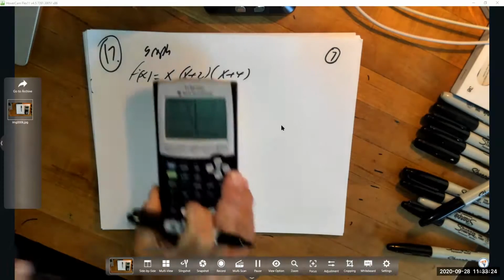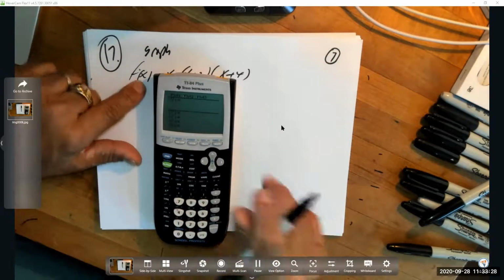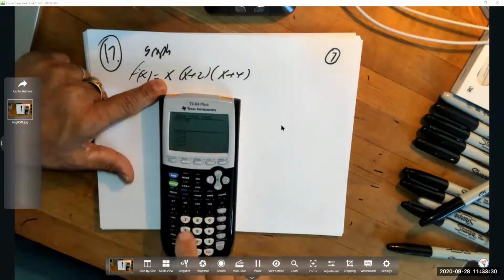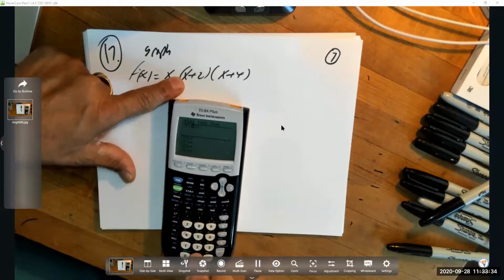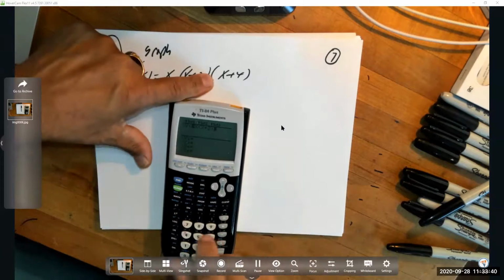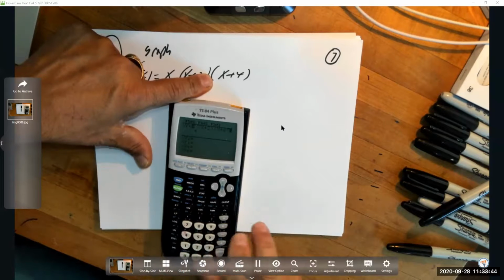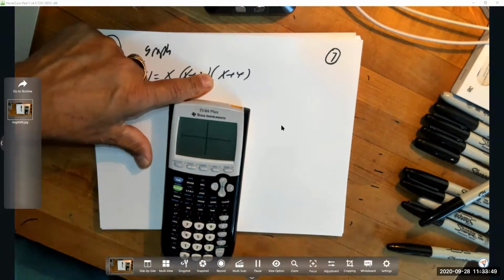I'm going to show you how to do it in the calculator. Ready? Y, clear it, get rid of the stuff. So now it says x, I'm going to put x, then parentheses, x plus 2, parentheses, then parentheses, x plus 4, parentheses. I guess that's it, huh?